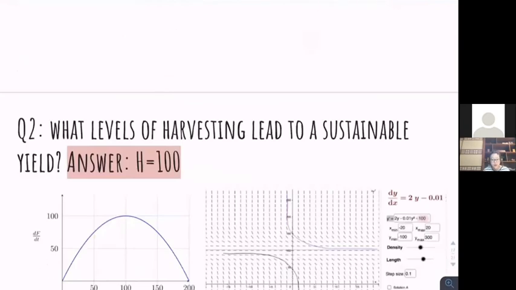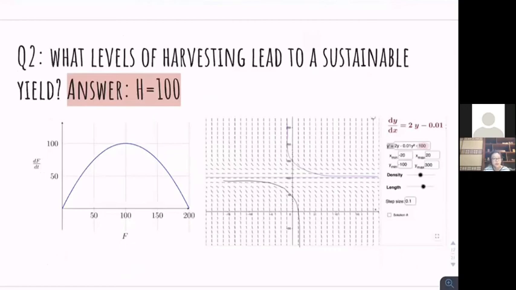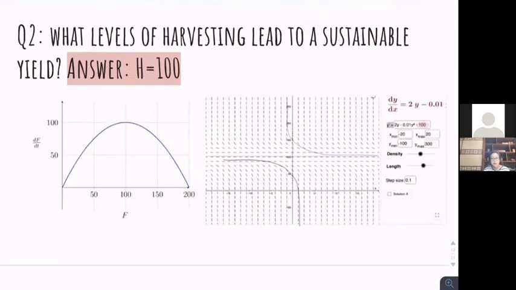What levels of harvesting lead to a sustainable yield? Which means in the long run, after harvesting, the population will not be depleted. Let's first look at the slope field. I give an answer of h equals 100, so let me explain why. Let's look at the second graph first.